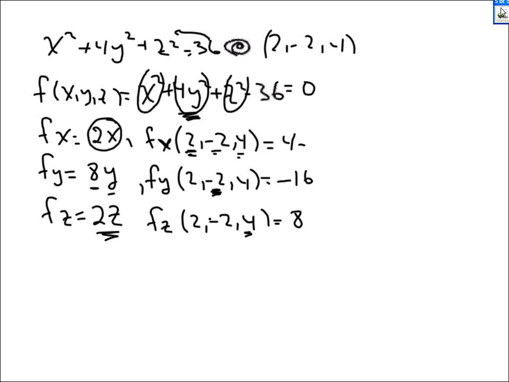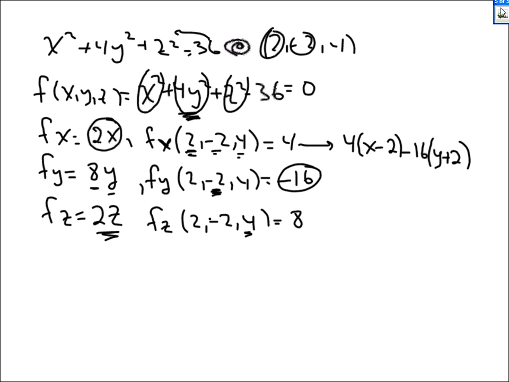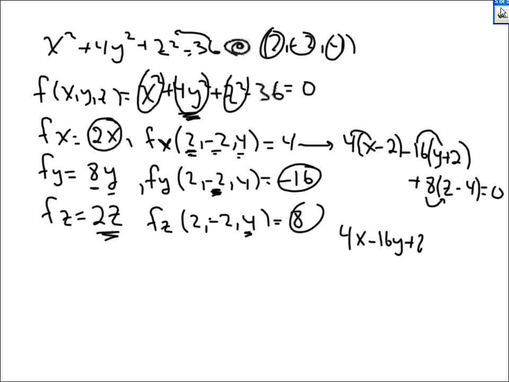Okay. So it's 4 times x minus the x value, minus 16 times y minus the y value, which makes it plus 2, plus 8 times z minus the z value of the point. This is 0. So we have 4x minus 16y plus 8z equals negative 8. Bring it to the other side, it becomes plus 8.